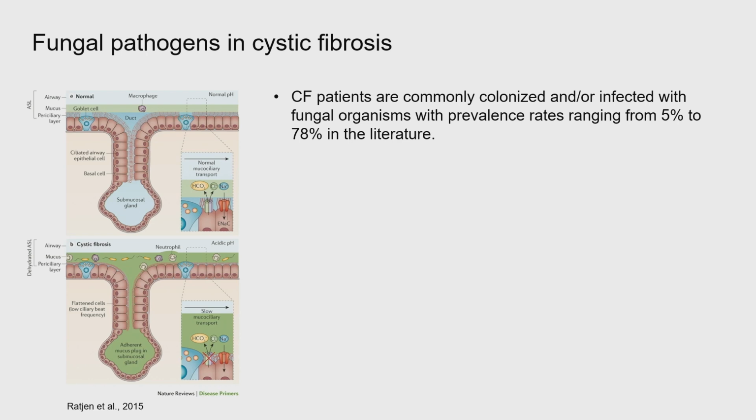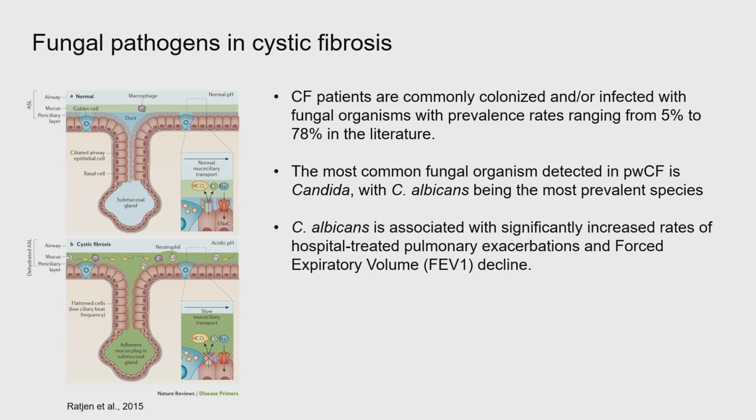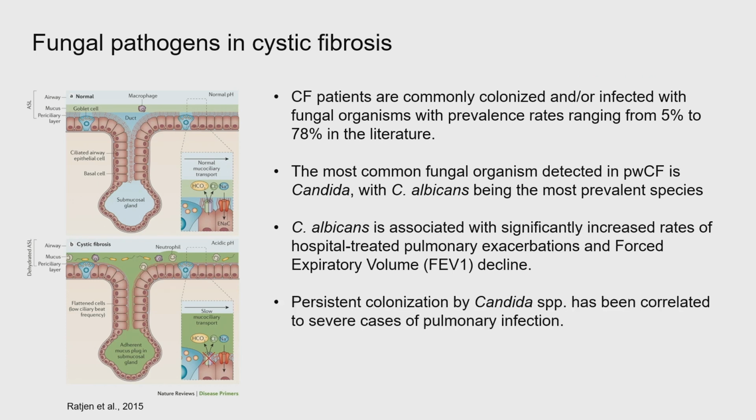CF patients are commonly colonized or infected with fungal organisms, and depending on the literature you look at, that can range from 5 to 78%. I would go more towards the bigger numbers. The most prevalent fungal organism here is Candida albicans, which is associated with significantly increased rates of hospital-treated infections and also reduced FEV1 decline.